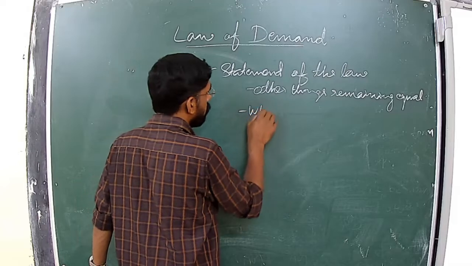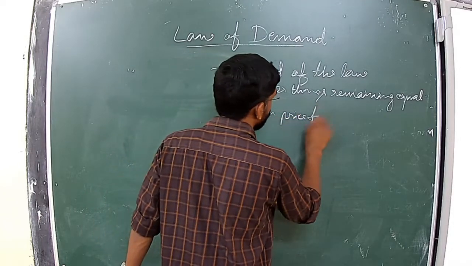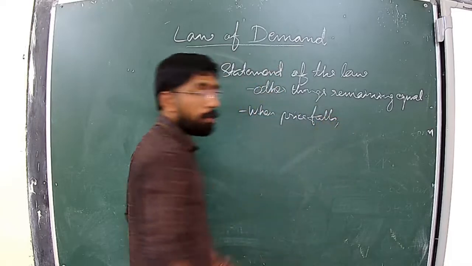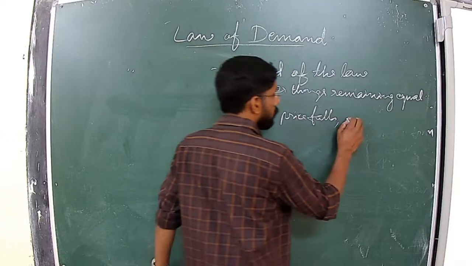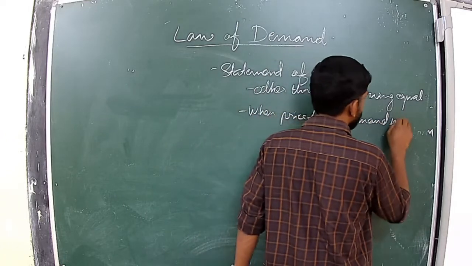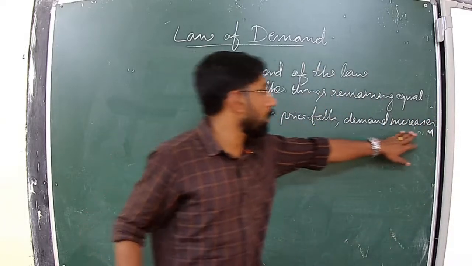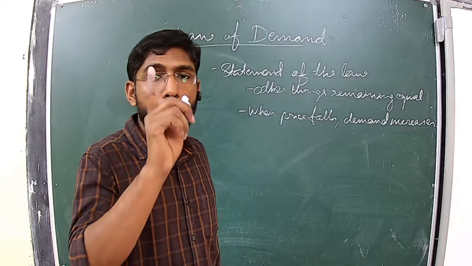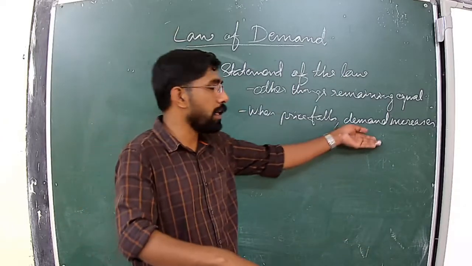When price falls, what happens? Demand increases. So the first part is when the price of that particular commodity falls, the demand increases.